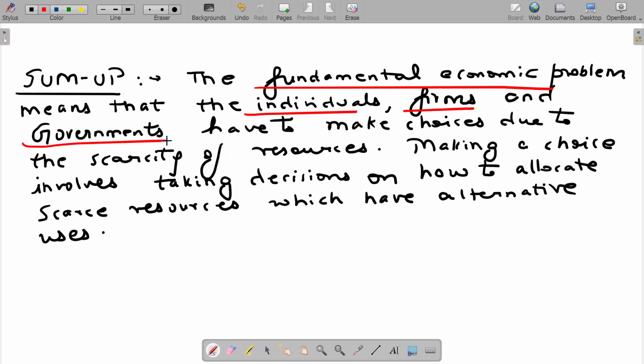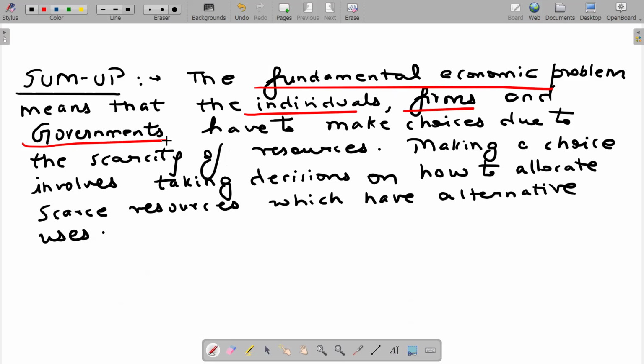Even developed nations also face the economic problem of choice because resources are scarce across all nations. And when we talk about resources, what comes to our mind? Resources are nothing but the factors of production, also called the inputs, like land, labor, capital, and entrepreneurship skills.